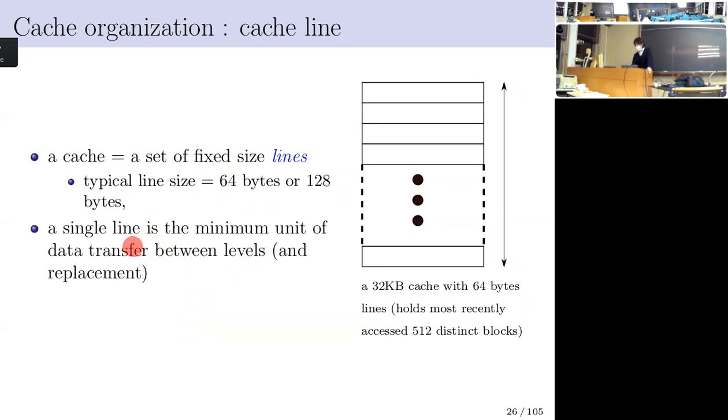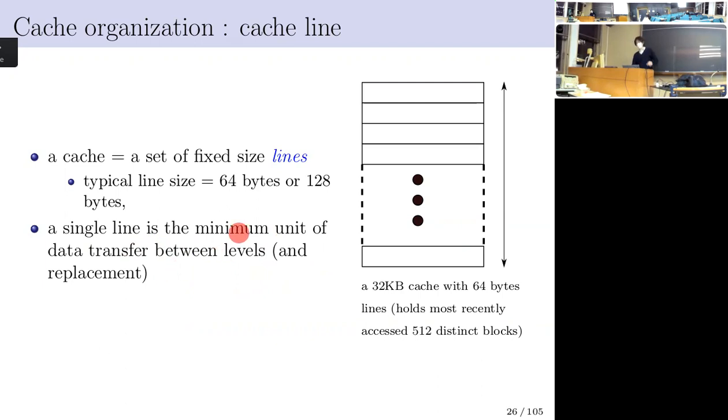So what is the cache line? It is the minimum unit of data transfer between levels. When data moves from one cache level to the next, or from the main memory to the cache, it always moves at least in the unit of 64 bytes. It doesn't move a single byte from the main memory. It is also the minimum unit of replacement.